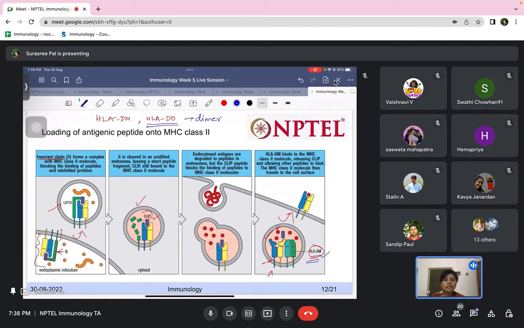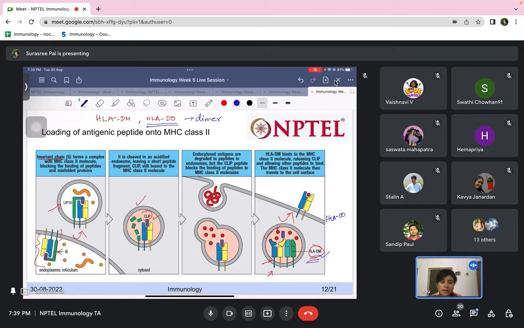So initially, HLA-DO and DM form a dimer together, and this dimer is present in the acidified endosomal compartment.